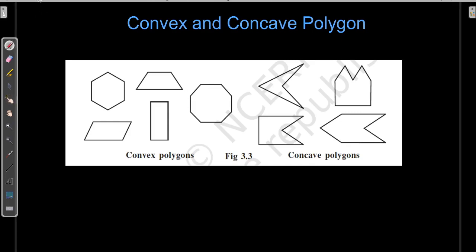For example, in this figure, this angle is greater than 180, and in this figure also. So these are concave polygons and this is the convex polygon.